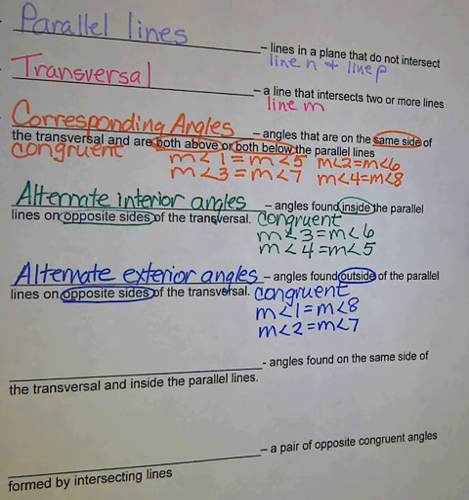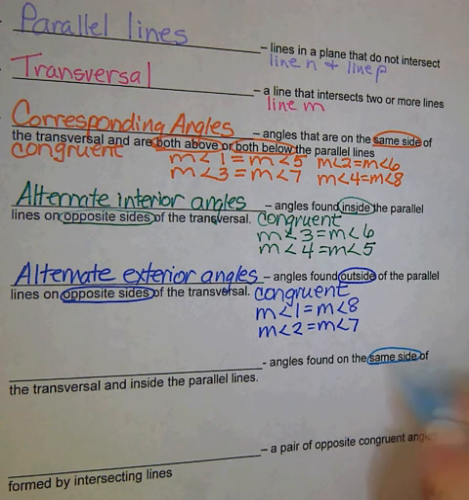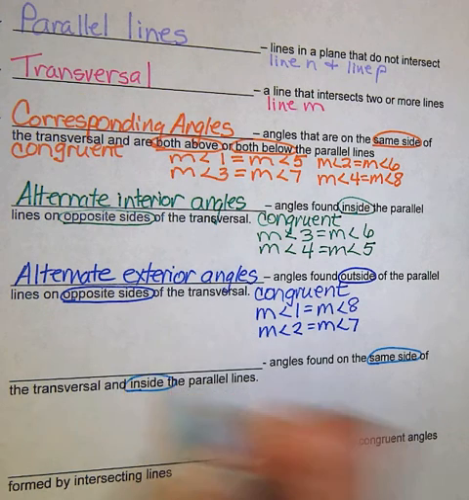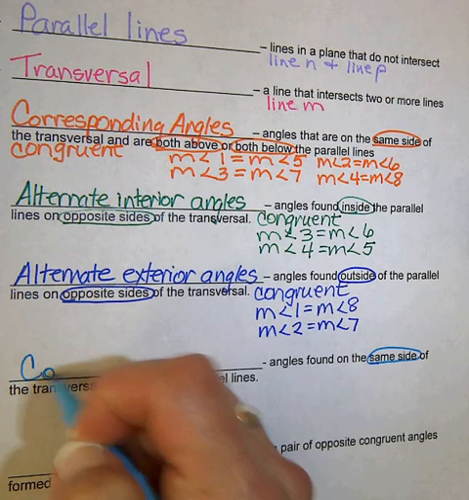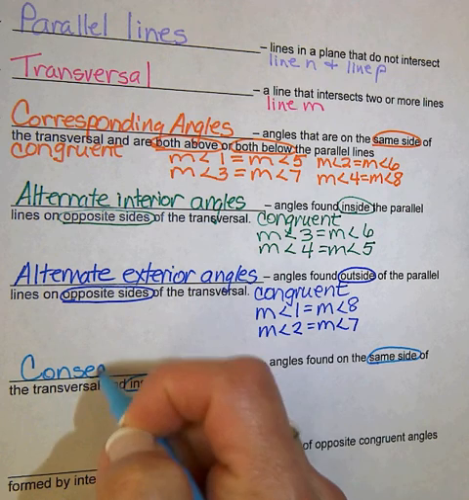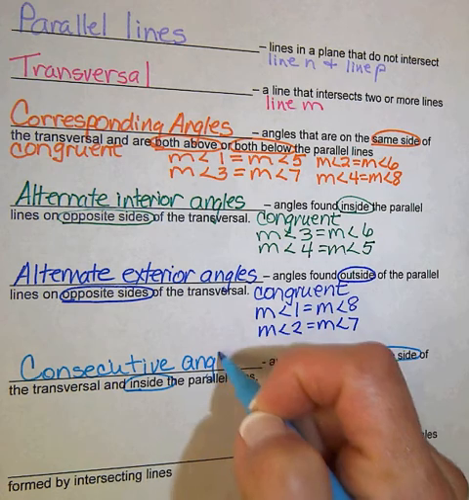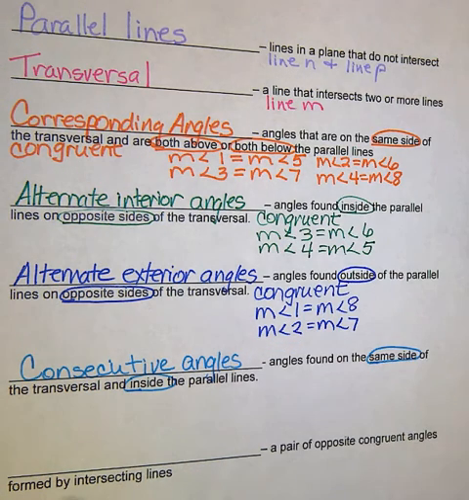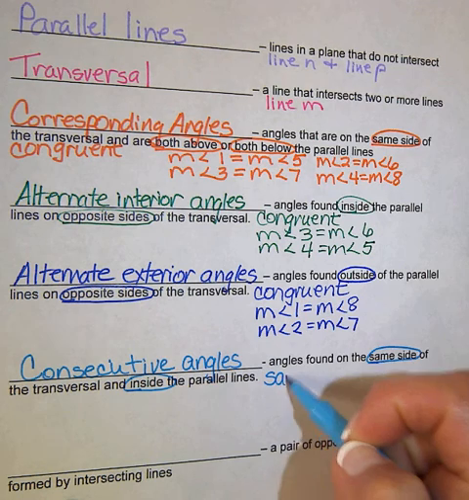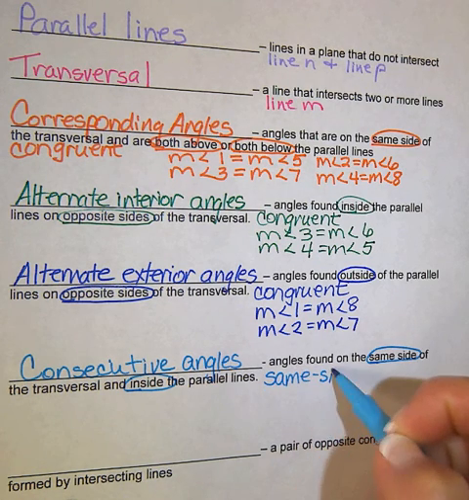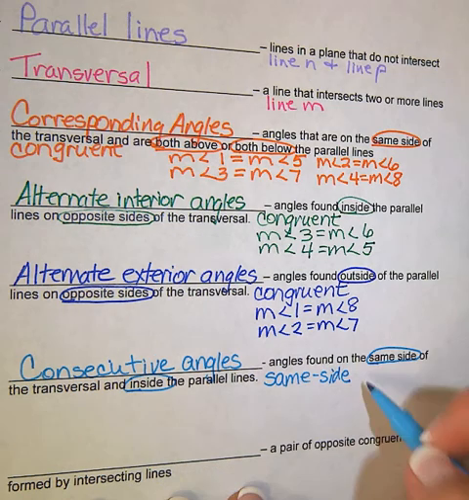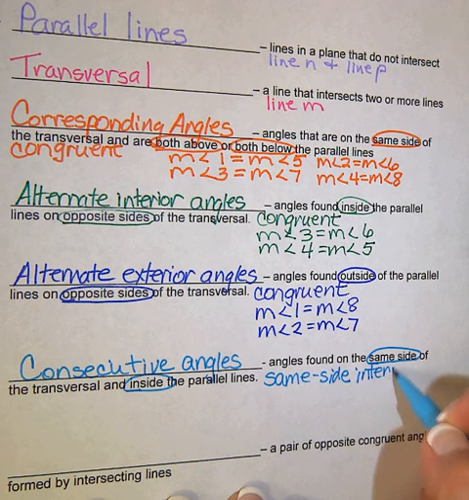So, angles found on the same side of the transversal and inside the parallel lines. So now, same side of the transversal and inside the parallel lines. These are called consecutive angles. And sometimes they're referred to as same side interior angles.